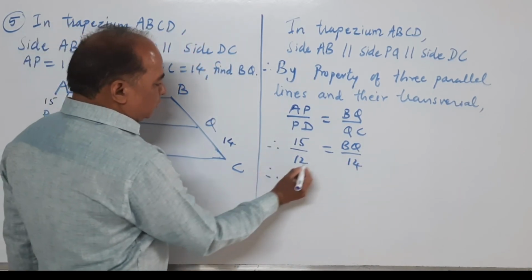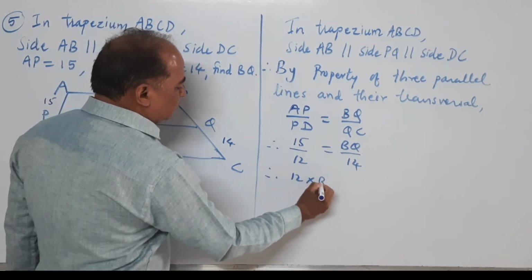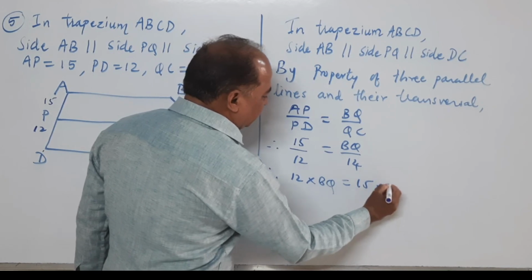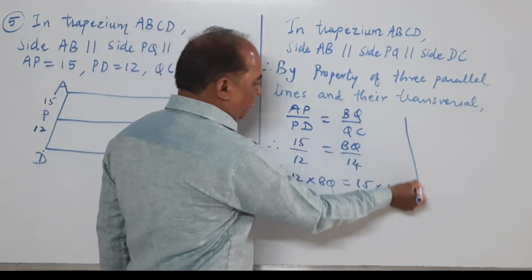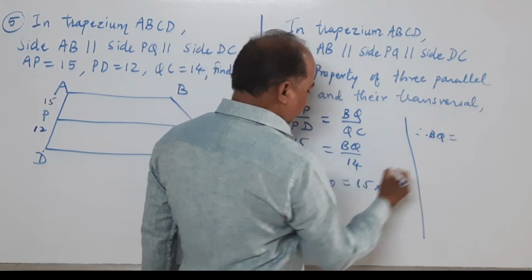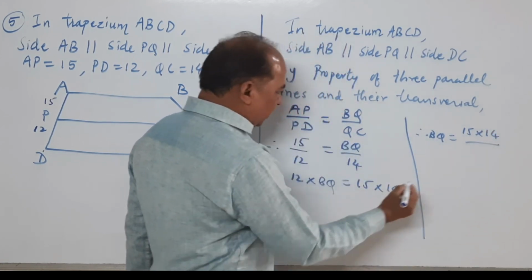Now multiplying, 12 into BQ is equal to 15 into 14. Therefore BQ will be equal to 15 into 14 divided by 12.